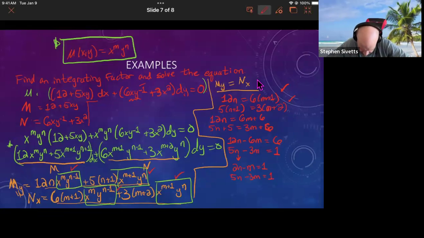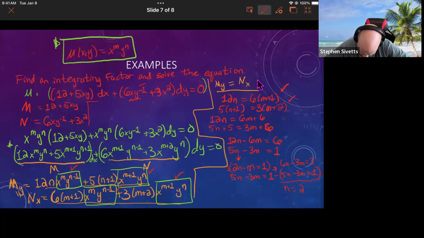Then I multiply the first equation by 3, so I'll have 6n minus 3m equals 3, and then 5n minus 3m equals 1. If I subtract the equations, I'll have n equals 2.